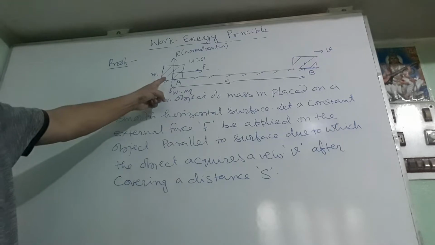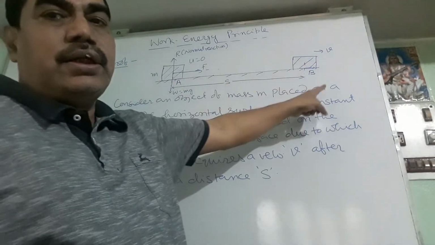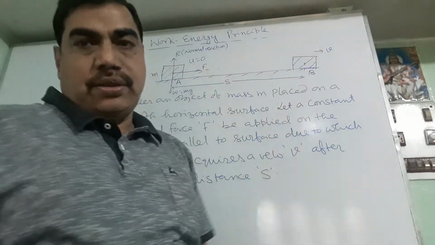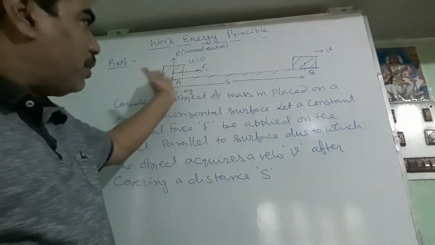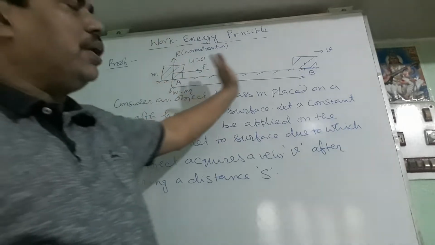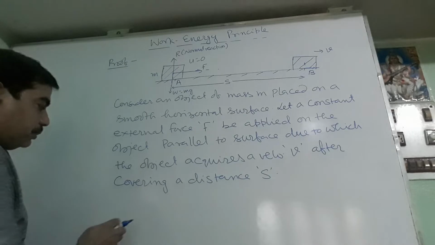So when the object has displaced from A to B, a distance s, its velocity increases from u to v. So we are going to prove that whatever work is done by all these three forces will be equal to the gain in kinetic energy. So what will be the gain in kinetic energy of the object?